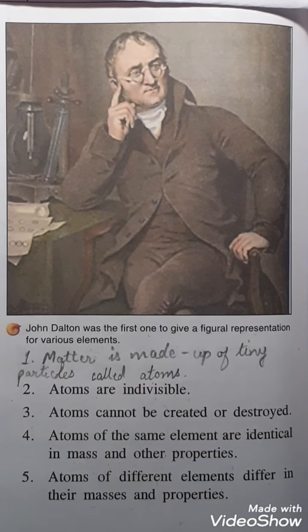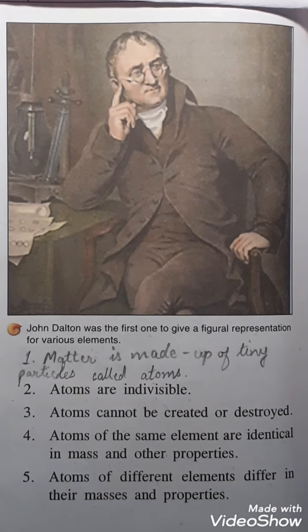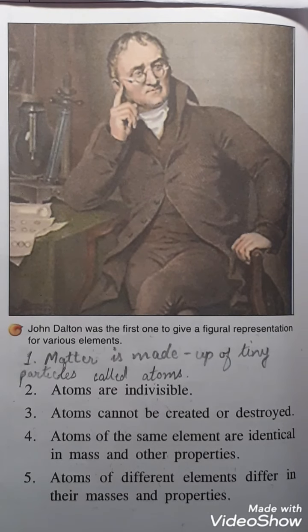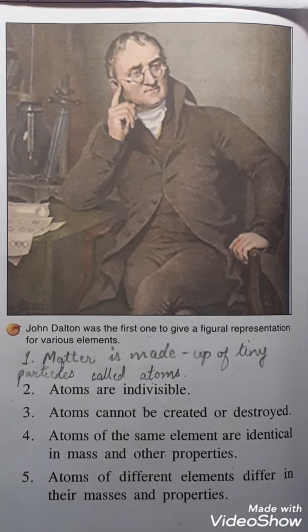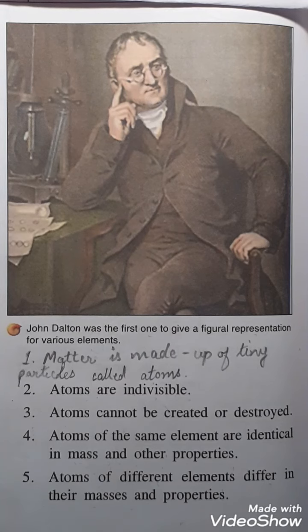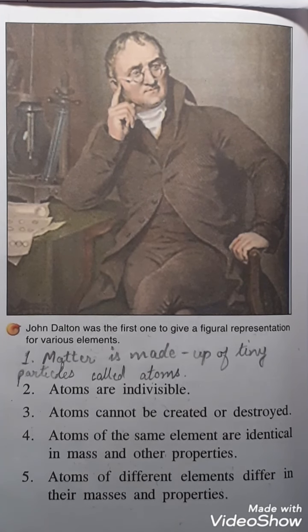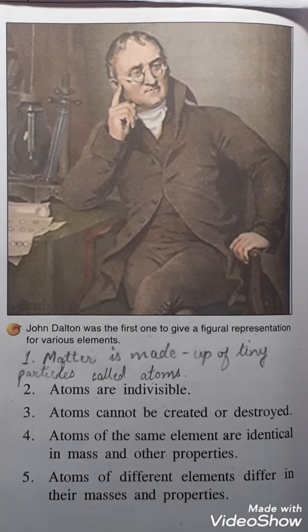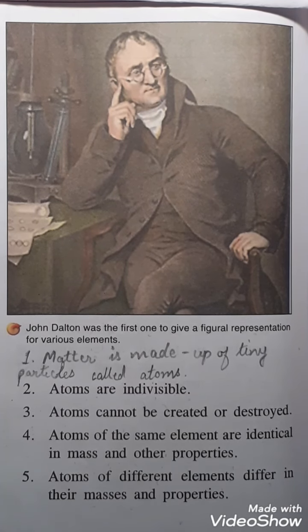He put forward atomic theory. This theory is also known as Dalton's atomic theory. The features of Dalton's atomic theory are: the first feature is matter is made up of tiny particles called atoms. Means every element is made up of extremely small particles known as atoms. Second point is atoms are indivisible.